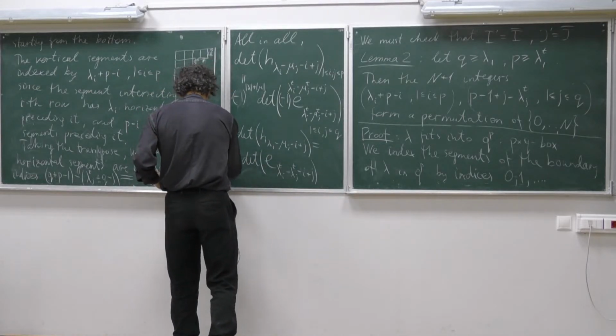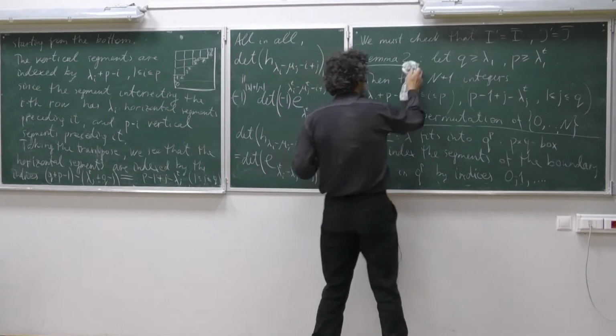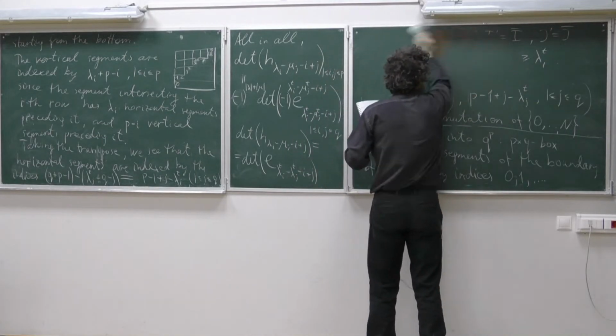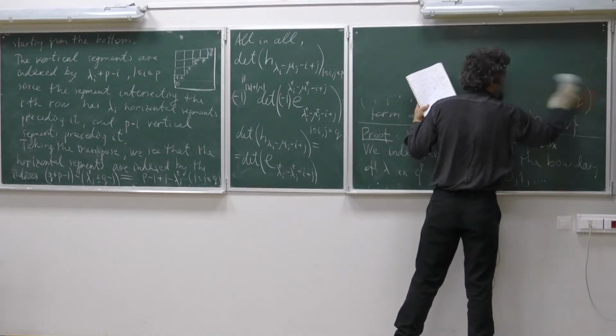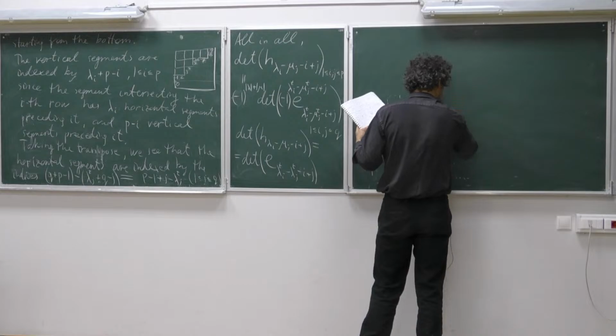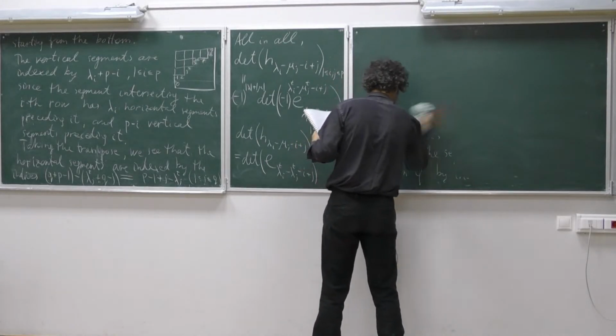Okay, and finally we can specialize to μ equals 0, and this will be the identity that we will profit from later on.